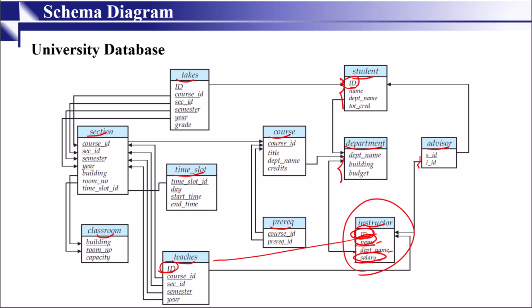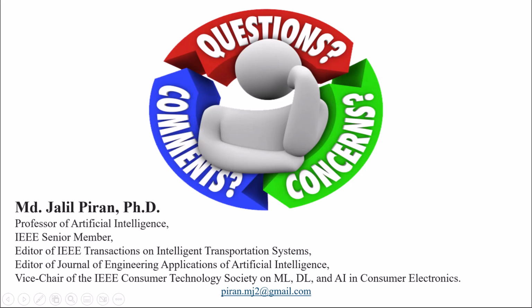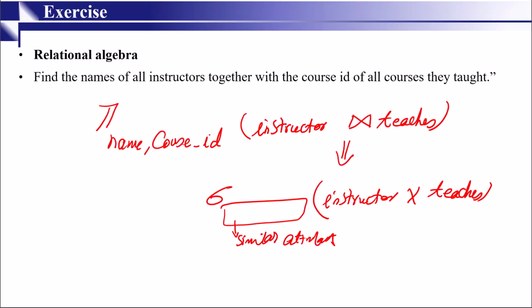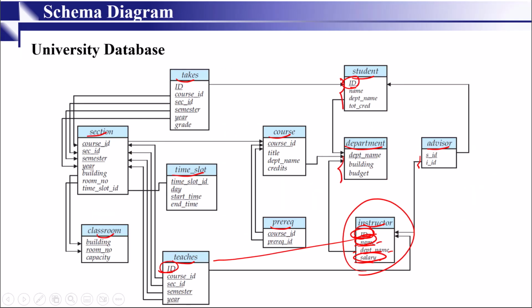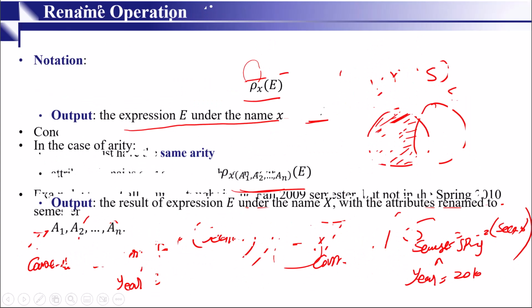So teach.ID equals instructor.ID. Then out of here, we will take out only one of them, right? Only one of the IDs, course ID, section ID, semester, year, name, department name, and salary.